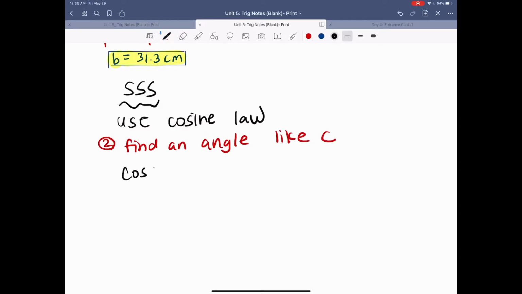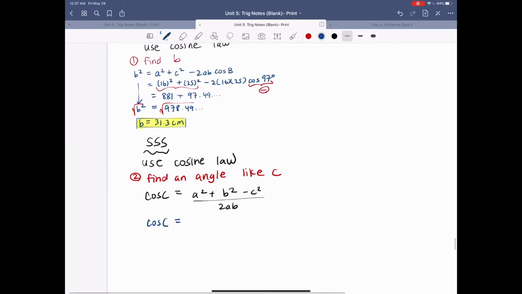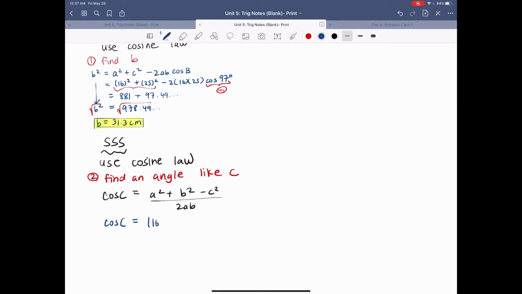Keep in mind that your formula for, let's say, this is the following. And then you're going to start plugging in your numbers. So for my cos C, I had A is 16. I don't really need the brackets because my lengths are positive anyways.